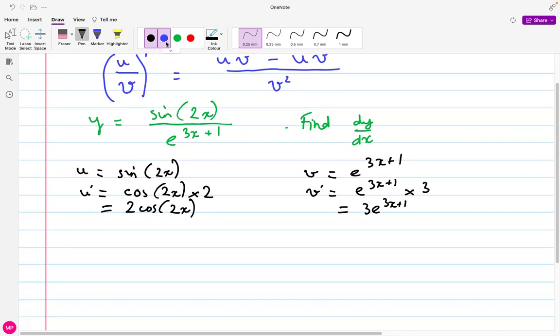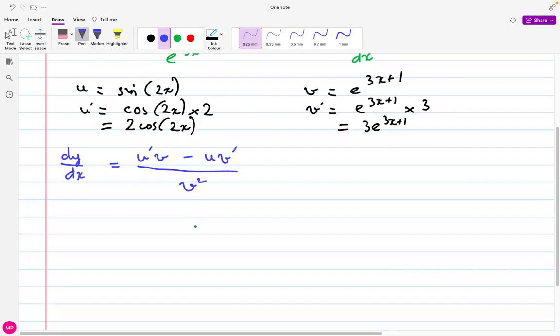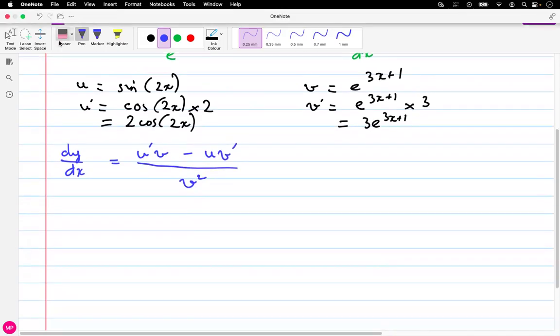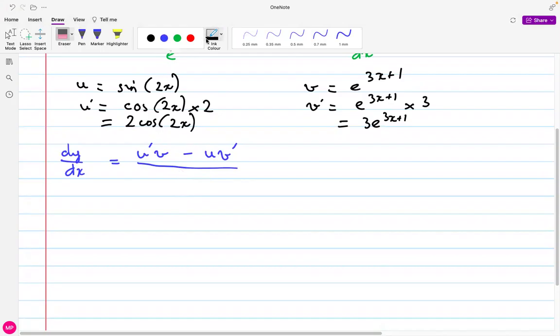All right, so what do we have here? We're going to put in the formula. dy on dx equals u dash times v minus u times v dash over v squared. So we sub it in. u dash is this, v is this.